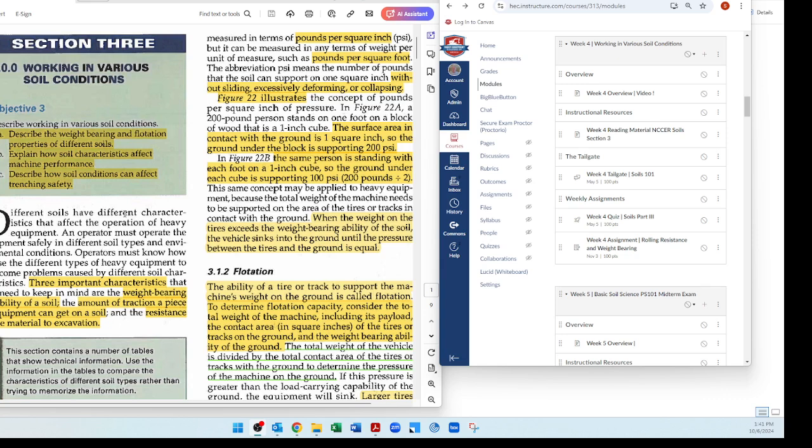The tracks on a dozer have a lot of surface area. The dozer weight at any particular point is like 2 or 3 pounds per square inch. But don't go putting your arm under the tracks, because when you take away some of the contact with the ground, all of that weight's going to go toward that arm that's laying there under those dozer tracks.